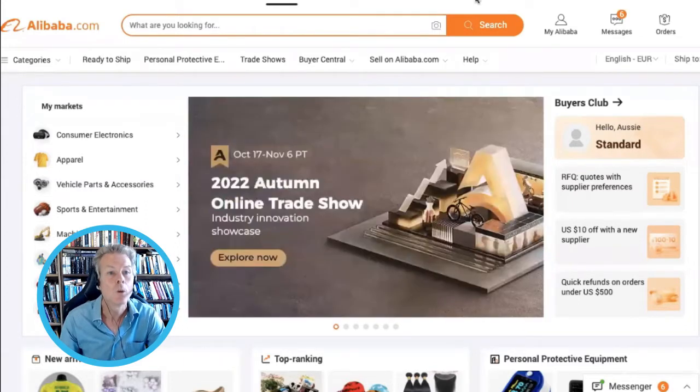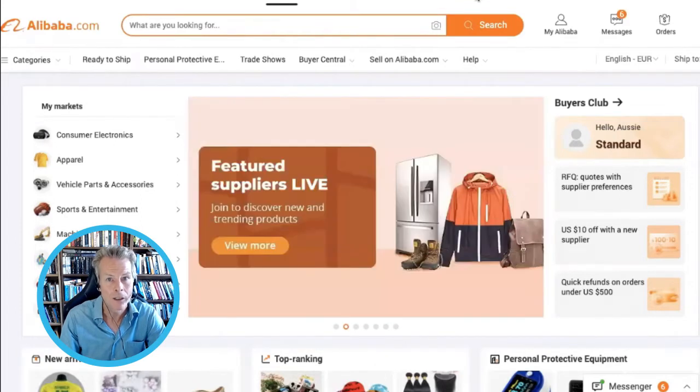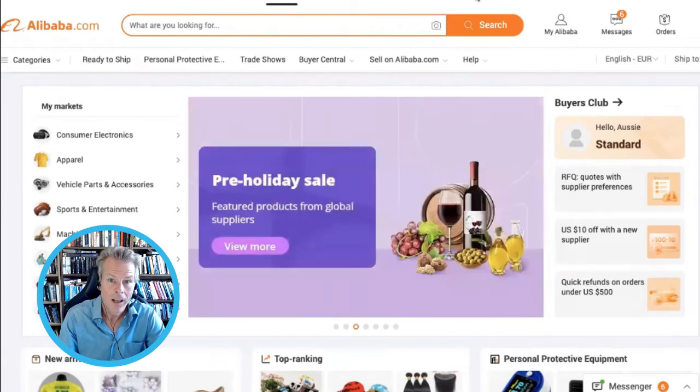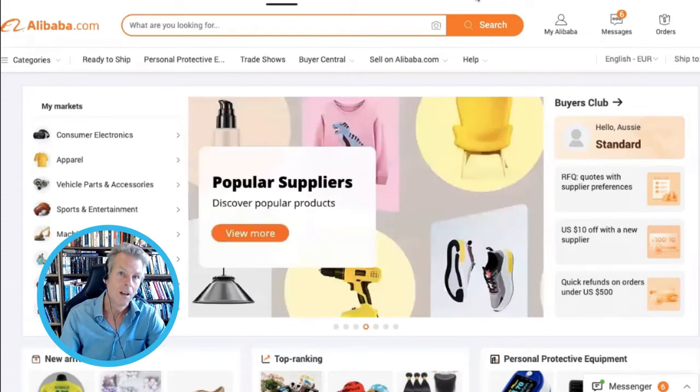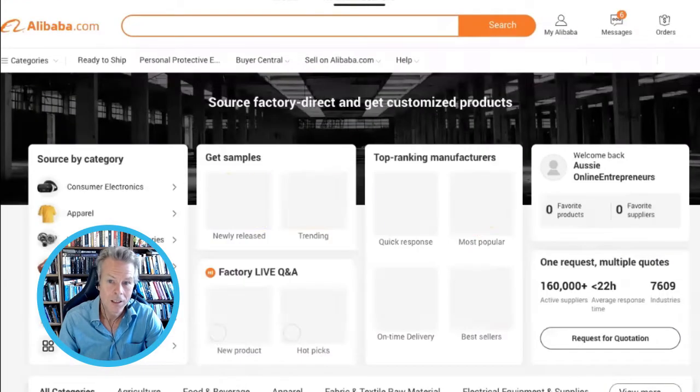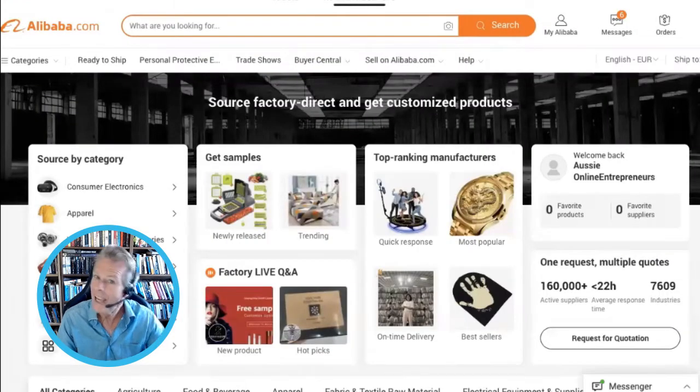That ought to tell you a significant amount about who Alibaba is targeting now. It ain't targeting people like you and I. There's a lot more people looking for specific products than people who are looking for factories. And you may think they're the same thing, but they ain't.